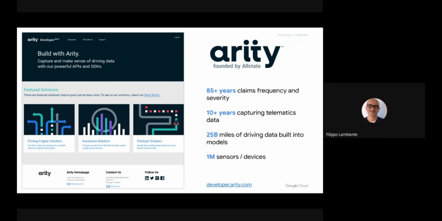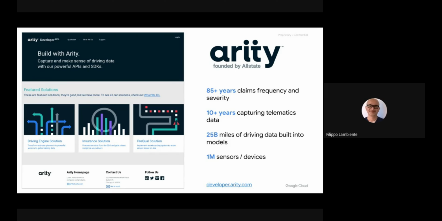This is another customer, Allstate. It's a very big insurance company in the US, and since they started providing the black box to install in the car in order to collect information, they have also been changing their business model, because Arity is now a company that is able to collect a lot of data on how drivers are using the car.